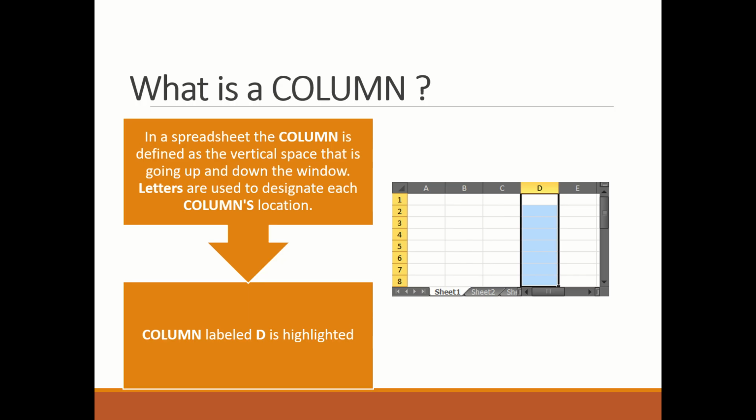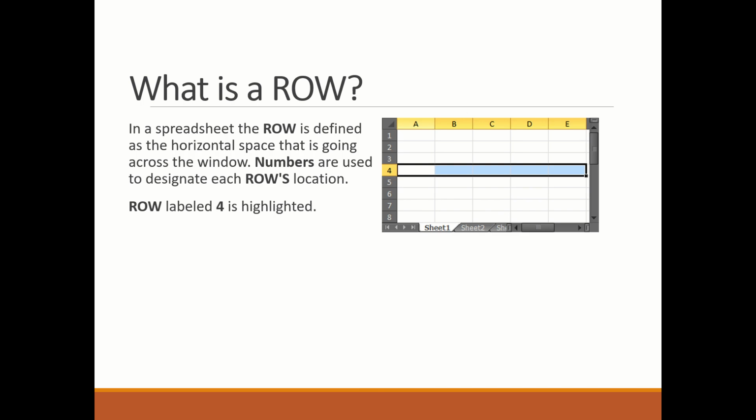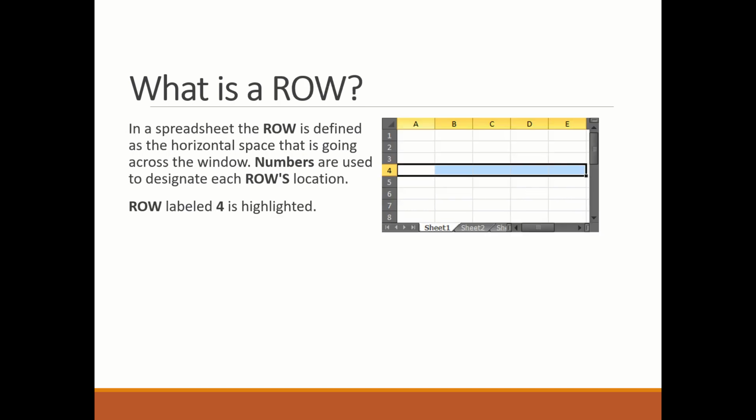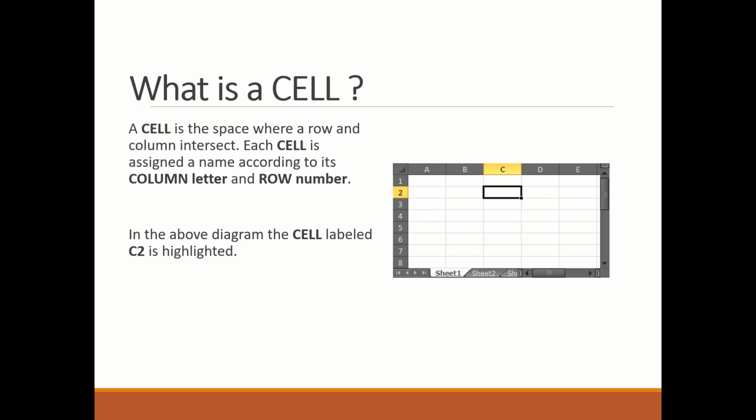Then what is a column? The column D has been highlighted, which is vertical. Then what is a row? Row number 4 has been highlighted, which is horizontal. All the columns will be named as alphabets, if you see A, B, C, D, and all the rows will be named as numerals, that is 1, 2, 3.